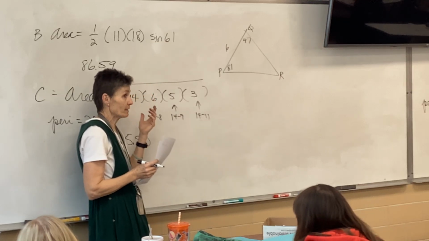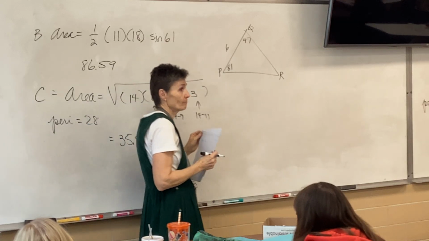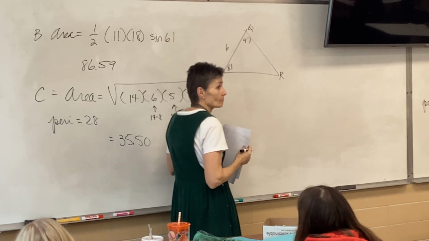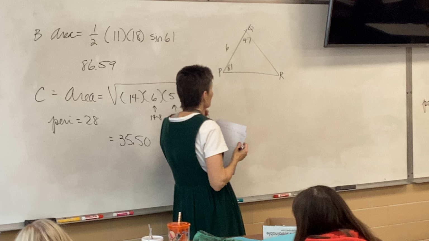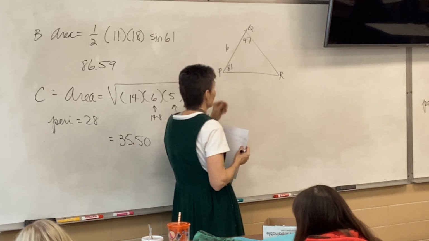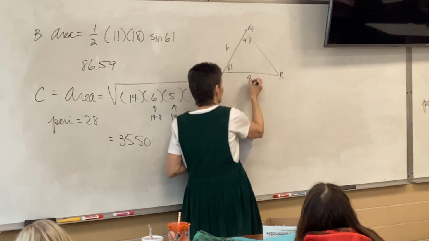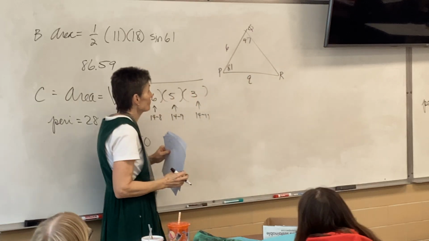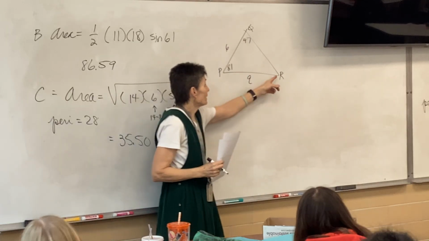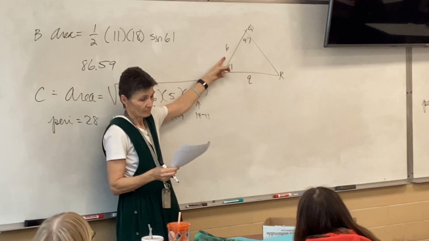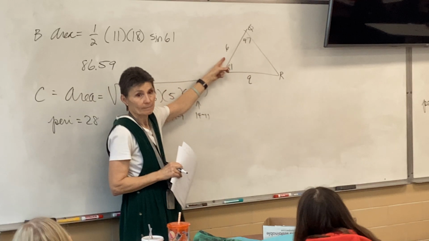I need another side. Do you care which one? P, Q, or R? Well, I have R, so P or Q? Find Q? I already have side R. But you can find angle bar.